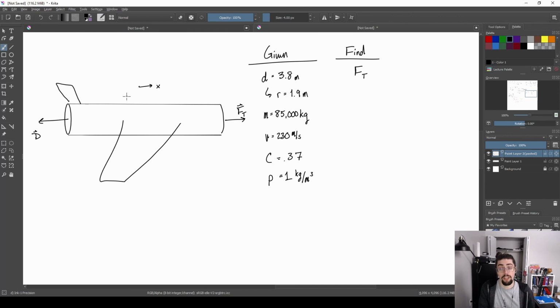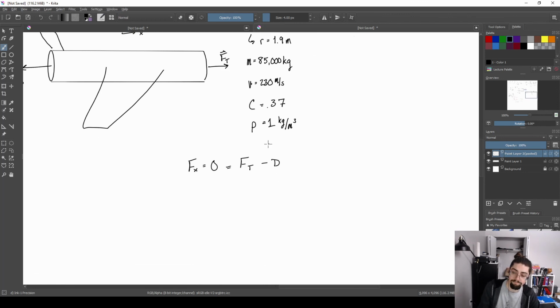So, with all of this, this looks really complicated, but really, all we need to say is, hey, we're cruising at a constant speed. Constant speed means the net acceleration is 0. What goes into that? Well, we have a thrust force taking us forward, drag force pulling us back.